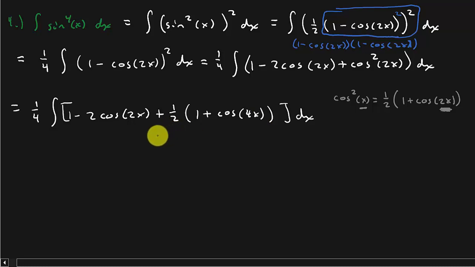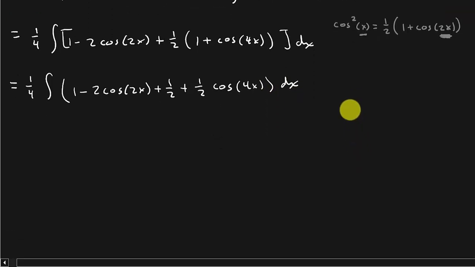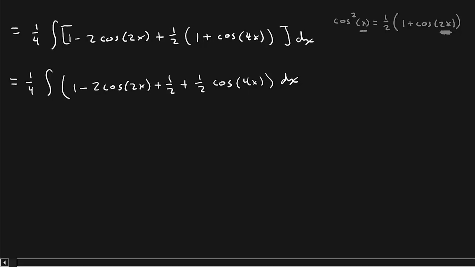And now I'm going to go ahead and distribute that 1/2 there. So this is going to be 1/4 integral of 1 minus 2 cosine 2x plus 1/2 plus 1/2 cosine 4x dx. All right, so we're getting there.